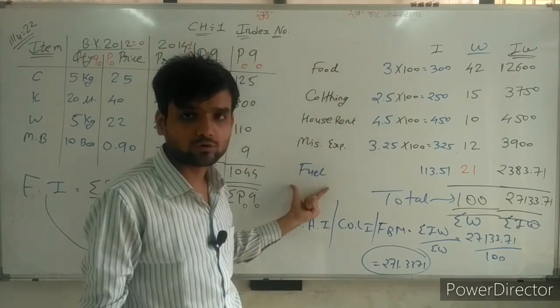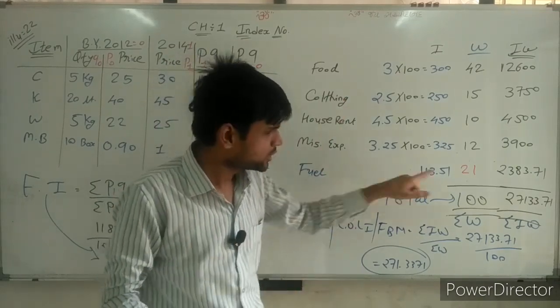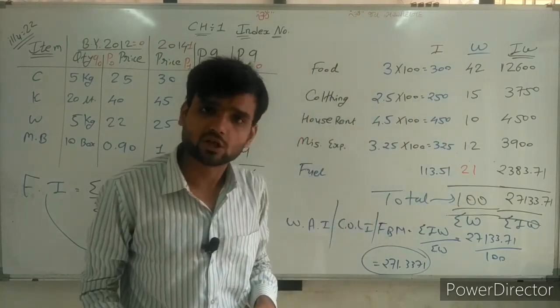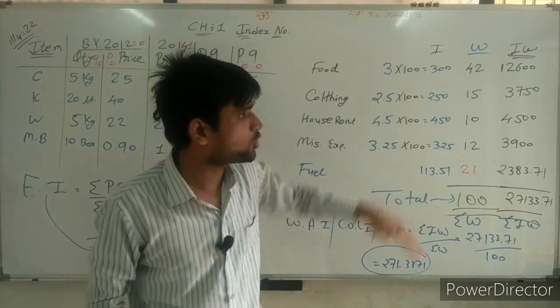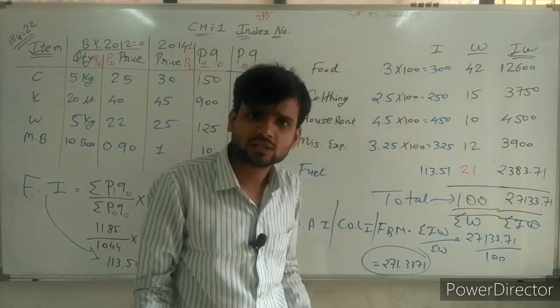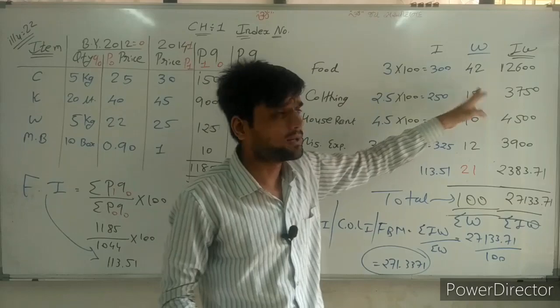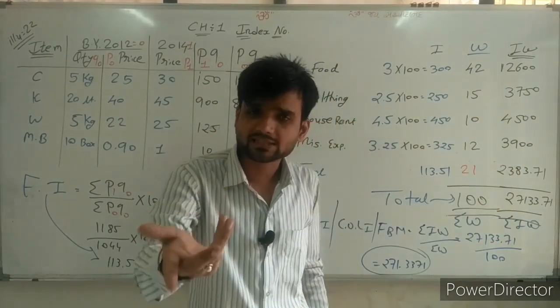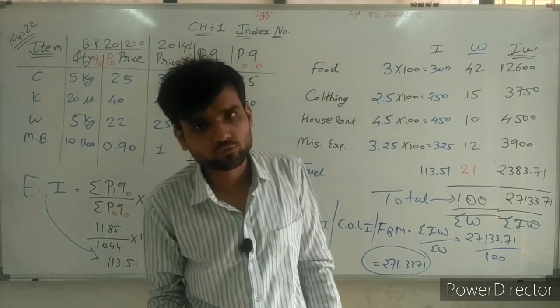Now what about fuel? That is not given. Don't worry, total is 100%. Deduct this, we get the expenditure on fuel. So we have the values of I and W both. Now very easy. IW, multiplication of both. Cost of living index number means sigma IW upon sigma W.